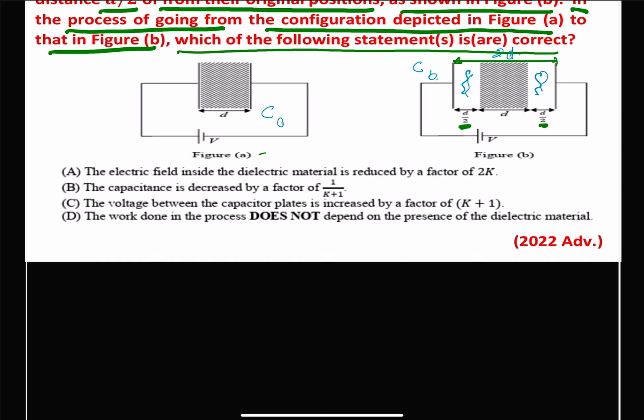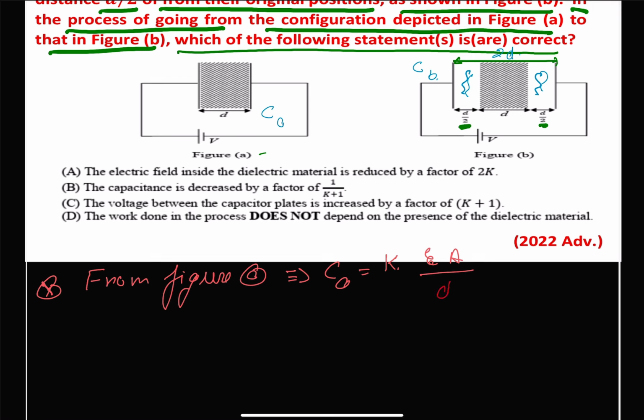So you can see from figure A, we can write CA will be equal to K times epsilon A divided by d.